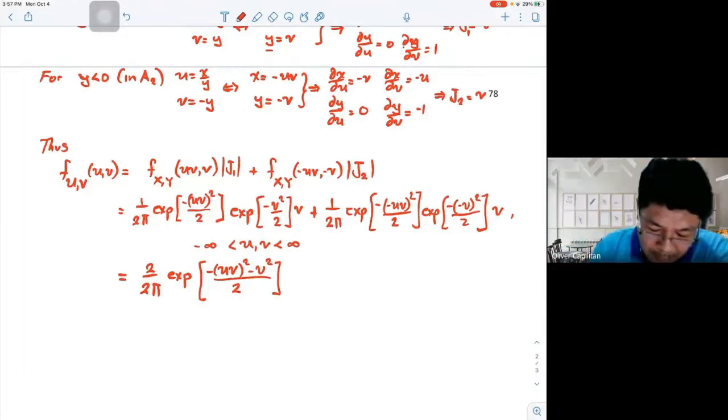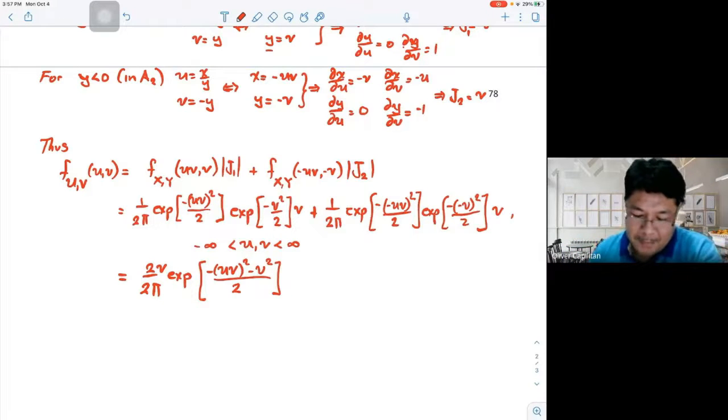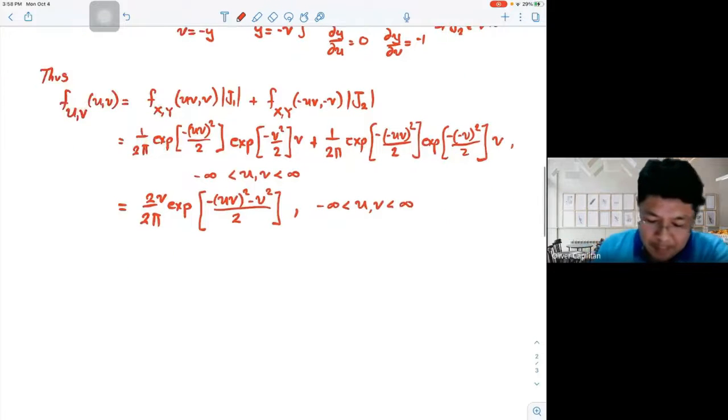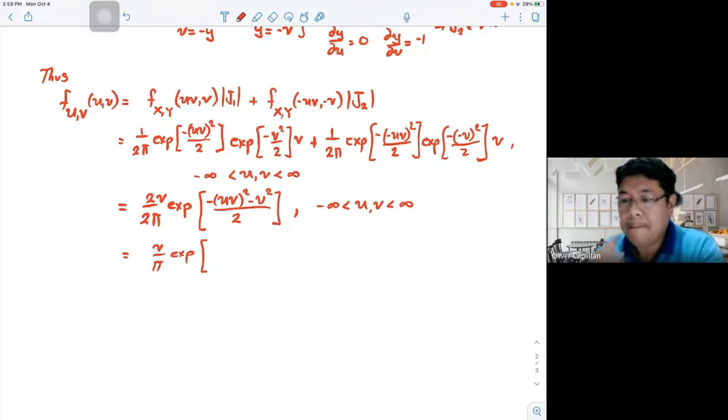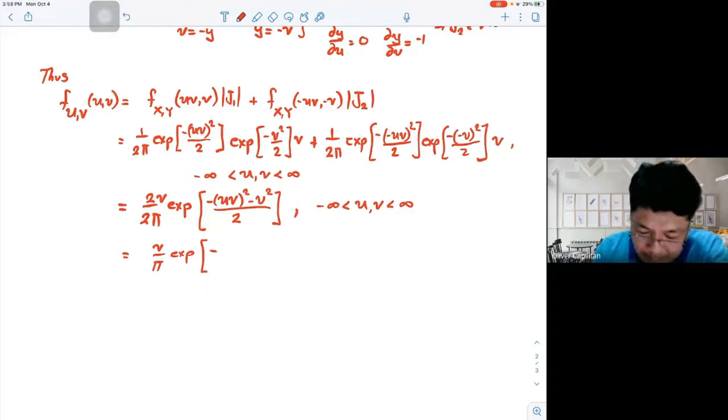And then, dito yung v natin, yung part na yan. Okay, so we have here v over pi, the exponential function of the negative of u square plus 1 times v square over 2.